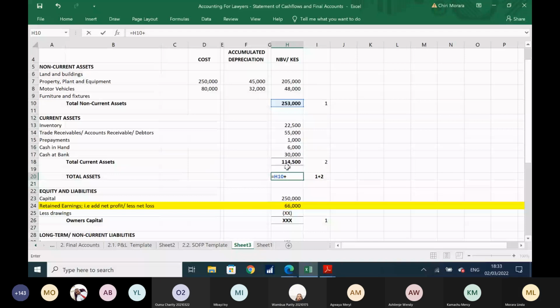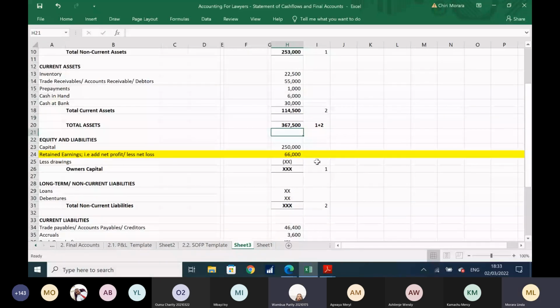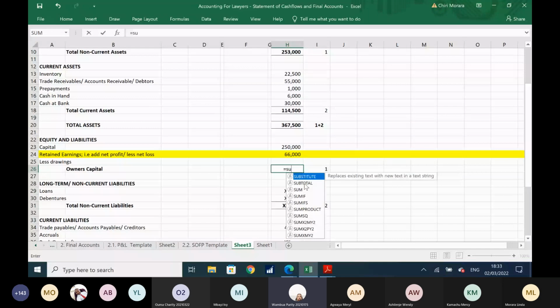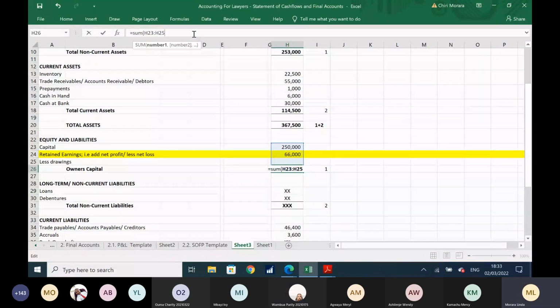Yes. Sorry to interrupt. Before you proceed, I thought that 22,500 we had taken it in our income statement. Yes, we had. Let me just explain that one more time. Why it came to your income statement. Remember, you are deducting it.